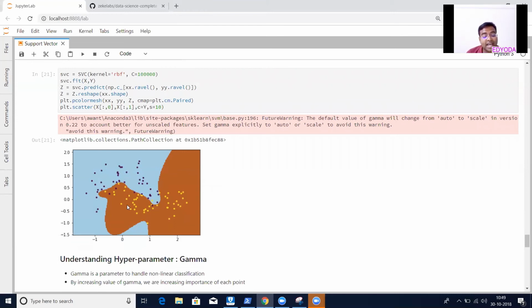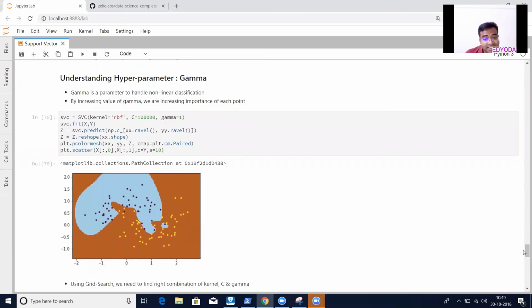We'll understand the next hyperparameter, which is gamma. Fixing C, which basically allows this decision boundary to be as complex as possible, with gamma you are telling how important a point is, how important a data point is. And this completely gives you nonlinear classification. As you can see, for data like this, it is completely giving this.